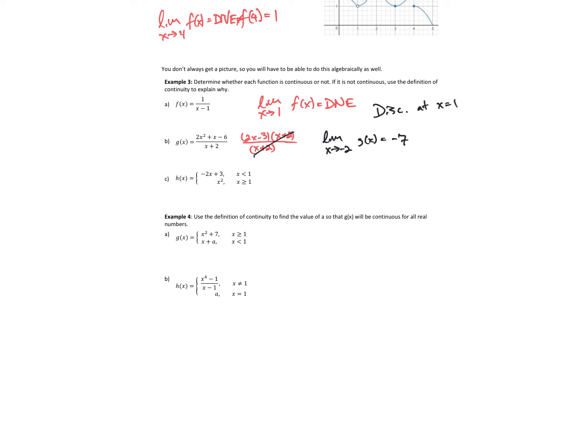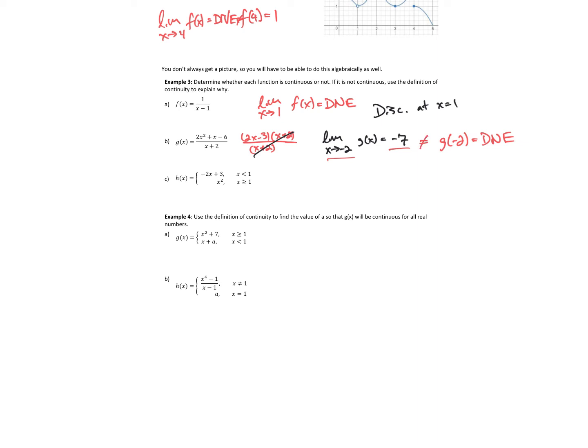It's a hole. All right? I have a hole going on at negative 2, negative 7. Because do I actually have a value of g of negative 2? No. It's a 0 over 0, right? And so I don't actually get anything here. It doesn't exist. So the limit doesn't equal my value.